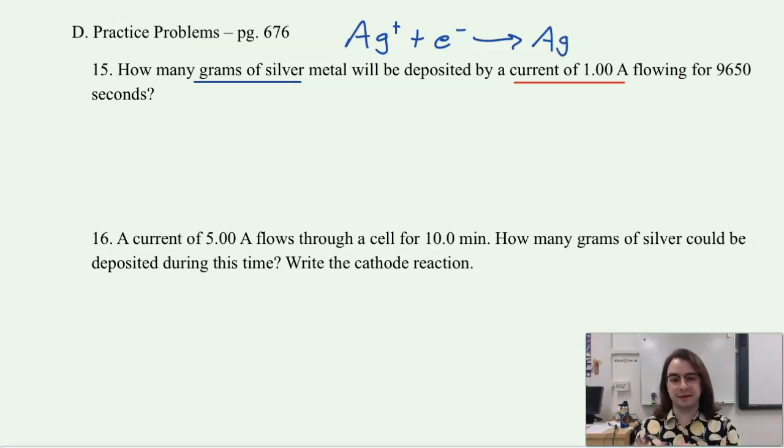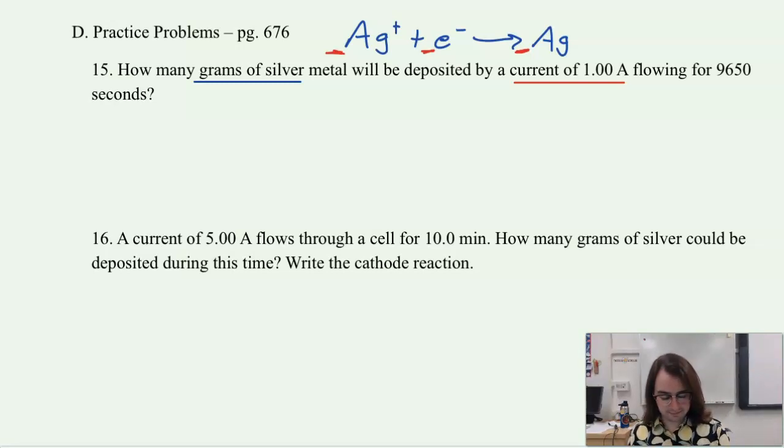This is important to write this step first because we're going to be really interested in the ratios between the electrons and everything else. So let me show you how we set this up. We're going to probably start with either the seconds or the amps. They give us the amps, but we are going to use the seconds to take the amps and turn them into moles.